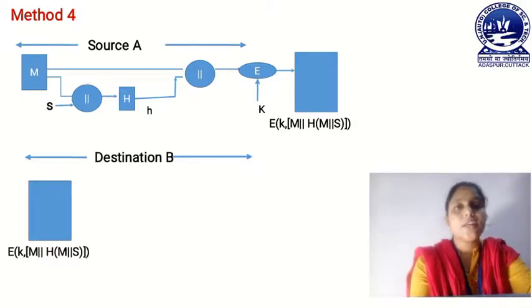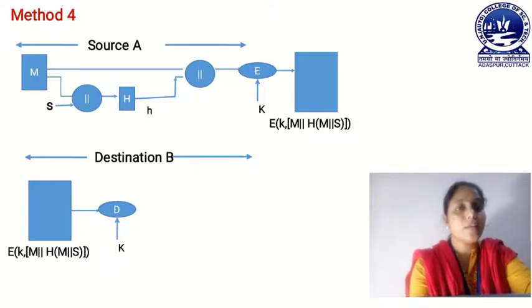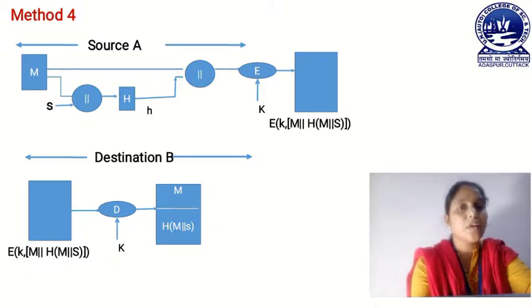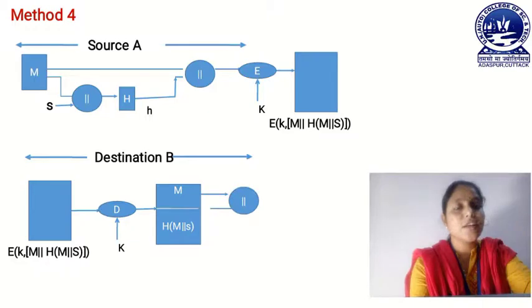Now look at the destination B. The destination B receives this encrypted message. After receiving it, the destination B decrypts this message by using the decryption algorithm and the key. After decrypting, it gets the original message M and the hash value, which was calculated from the original message and secret value S. Now the destination B takes the message and appends the secret value S. After that it calculates the hash value.